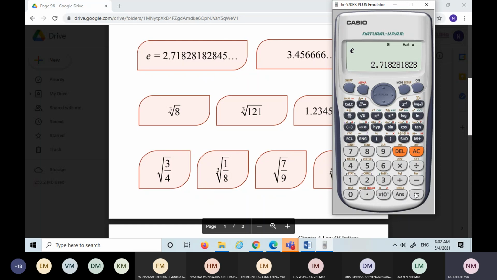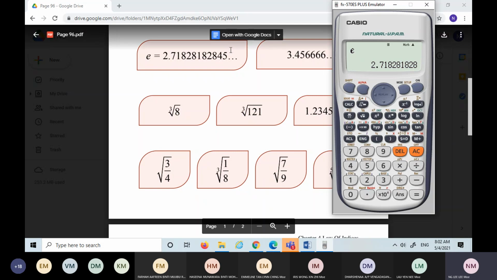When you see the E, it's just a number. So the number is 2.718281828. But if you see it on the calculator, maybe you think this is repeated. But actually it continues with 4.5, so it's not a repeated decimal. Now can you please tell me rational or irrational. Irrational. Then is it a surd or not a surd?